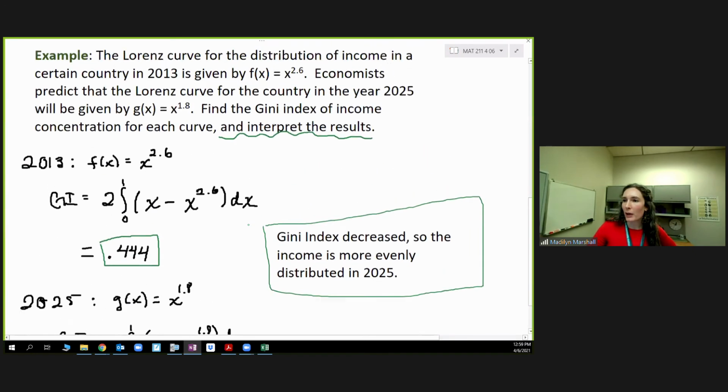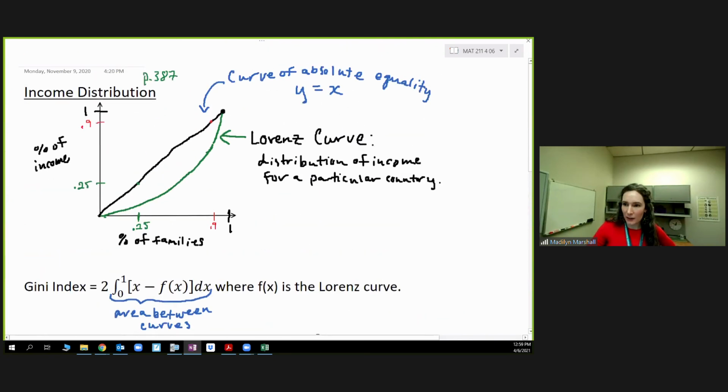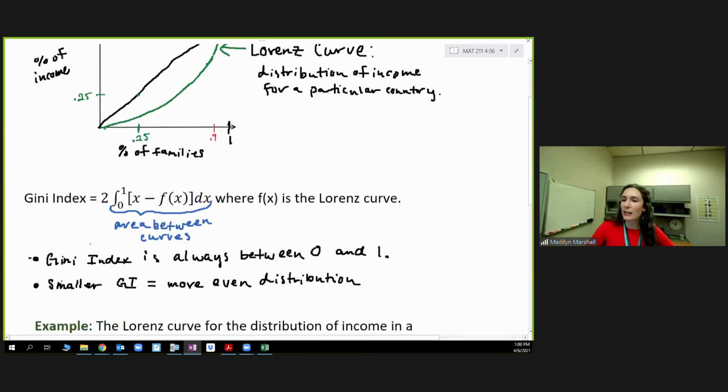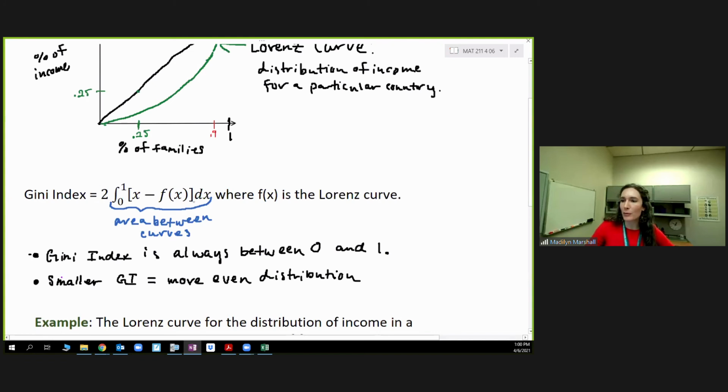So this is one way where we are actually using this specific application of the area in between the curves, but we're taking that area and interpreting it to tell us something different. So even though we are actually calculating an area, we're then using that to do something else that's not area. So any Gini index problems will always just use this little formula, and that's it.